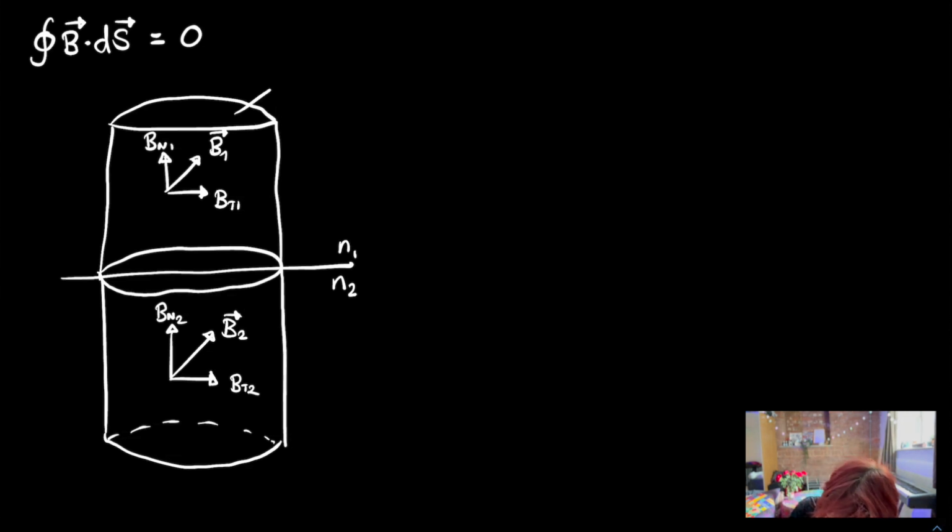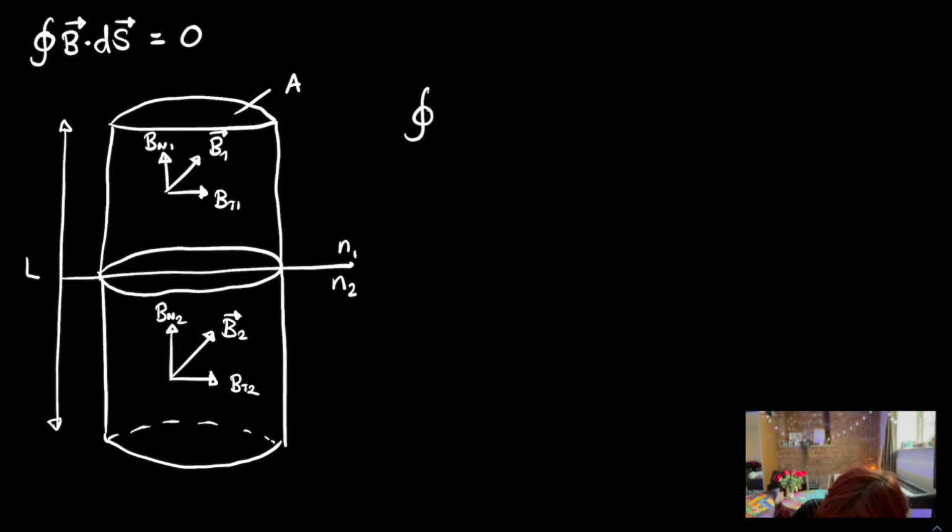If we say this area is A and this length right here is L, we get that the closed surface integral of B through the surface is equal to the flux coming out of this end, which is going to be Bn1 times the area, and that's going out, so it's positive.